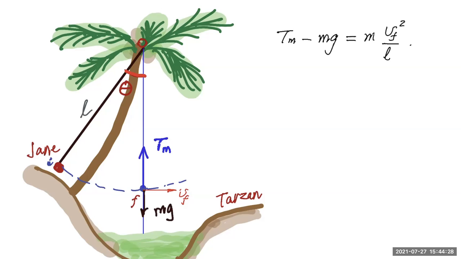During the sequence when she swings from initial to final, I have W equals delta K, right? W is the work done by all the forces, going from initial to final.